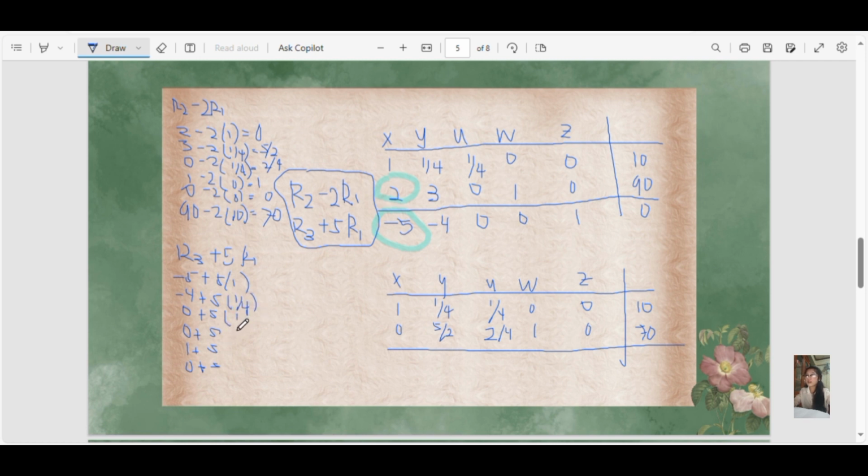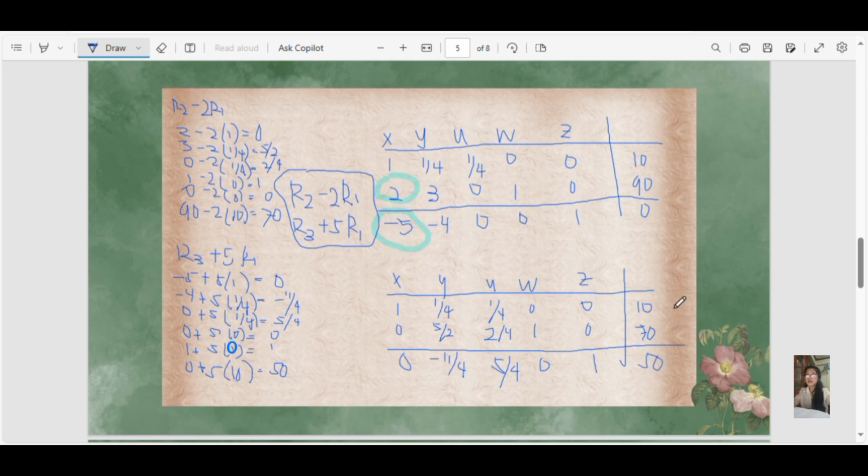That is 1, 1/4, 1/4, 0, 0, and 10. To get the result, that must be 0, -11/4, 5/4, 0, 1, and 50.